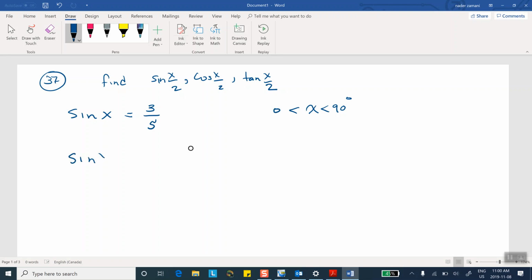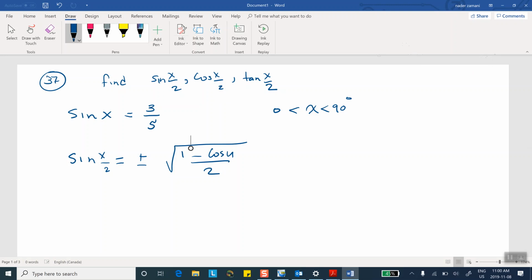Sine of x over 2 is equal to, we have a half angle formula for sine. It looks like plus or minus square root of 1 minus cosine of x over 2.